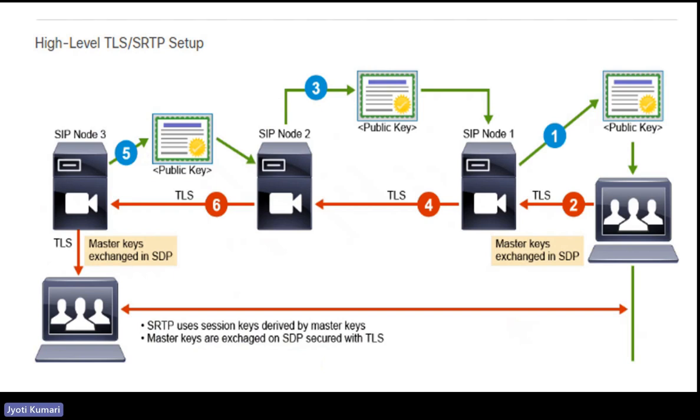Then this is a high level TLS or secure RTP setup. In this order, we can see that to secure voice or video over IP, multiple technologies must be understood. Remember, the most common VoIP communication used today is SIP, a standard protocol, Session Initiation Protocol.